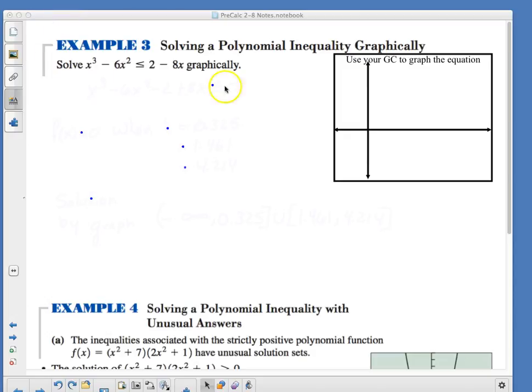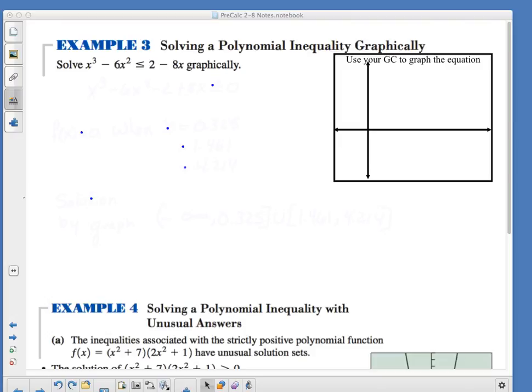Scoring on the problem won't be as many points because you don't need to show algebraically how everything works. But if I ask you to show a sign chart, my concern is that you're showing the sign chart as we go.